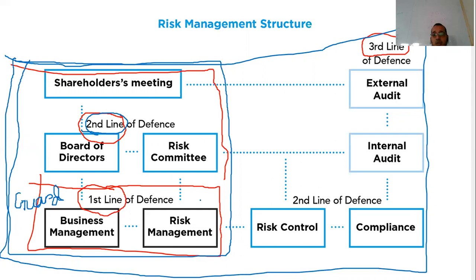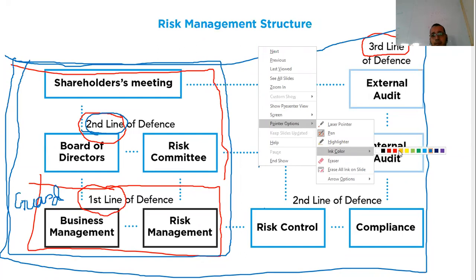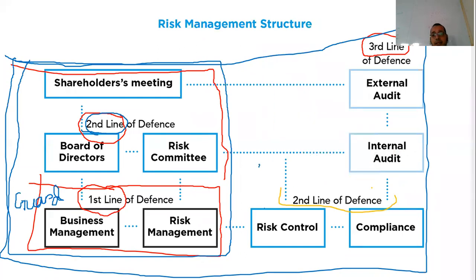So by this way, in the second line of defense, we have risk management, risk control, the additional point. Okay, these are the additional second line of defense. So we may have a risk control team, some organizations have a compliance team, and at the second line of defense we have the internal audit as well.